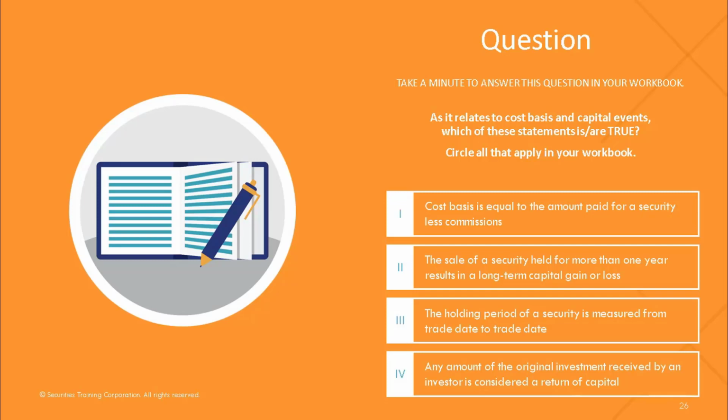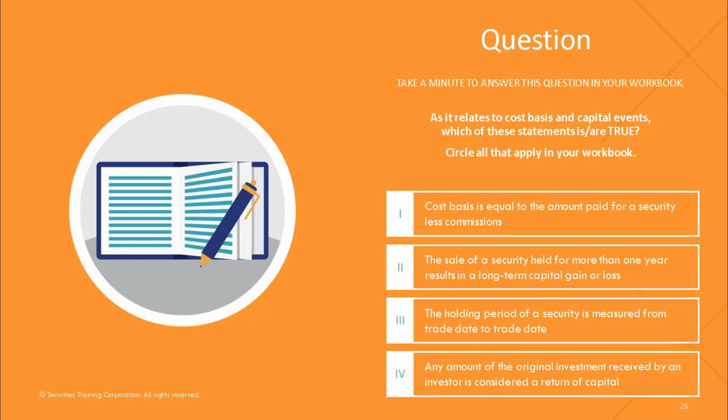Number 2, the sale of a security held for more than 1 year results in a long-term capital gain or loss. Number 3, the holding period of a security is measured from trade date to trade date. And last, number 4, any amount of the original investment received by an investor is considered a return of capital. Which of these 4 statements is true?